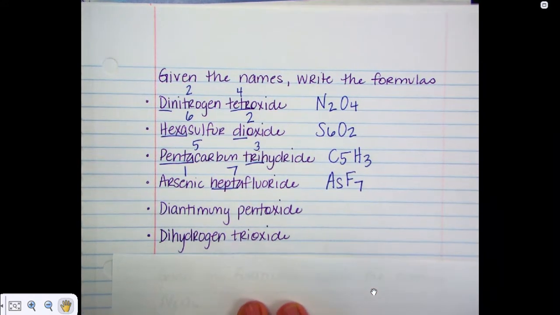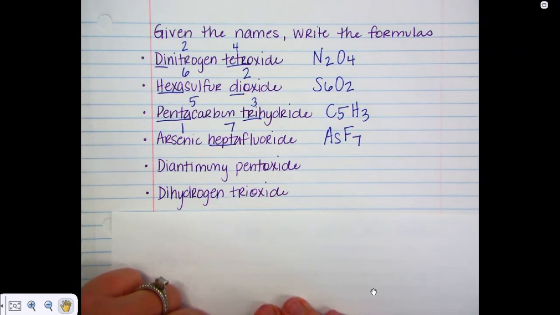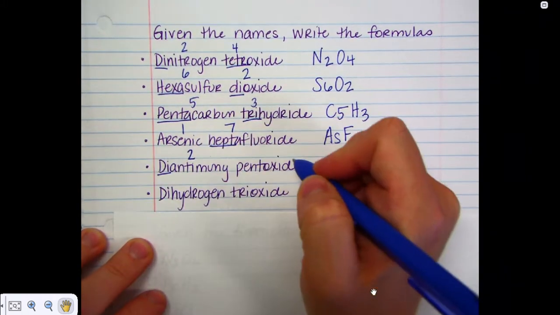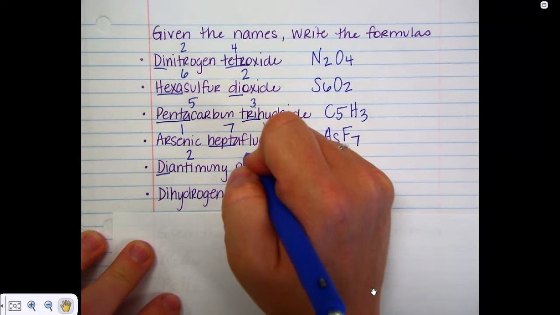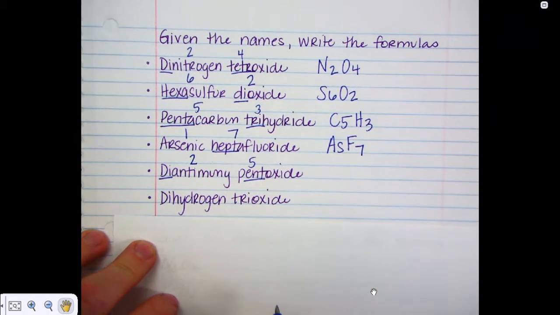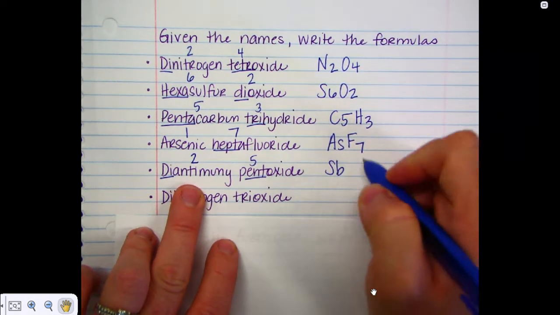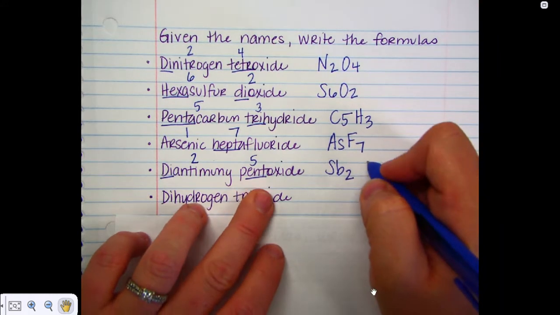All right, and last 2 going this way. Diantimony pentoxide. So di is 2, and pent, or penta, again, is 5. So when we're doing diantimony pentoxide, we've got Sb, because that's our symbol for antimony, 2, pent, 5 oxygen.